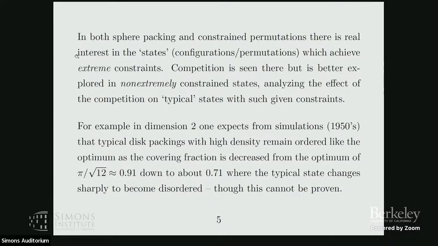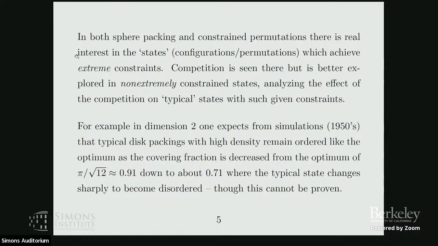So as I've been illustrating here, the story of putting competing constraints on a combinatorial system has been studied for a long time in the extremal case. And in that extremum case, you can actually see the competition.